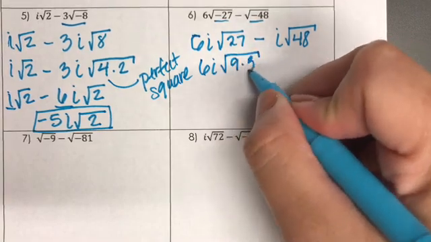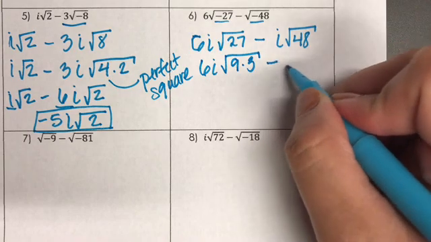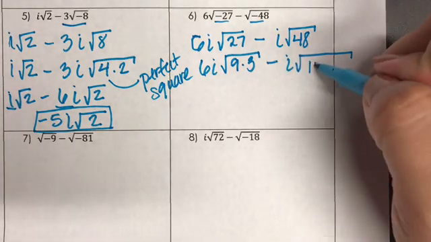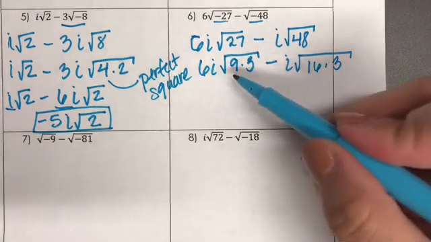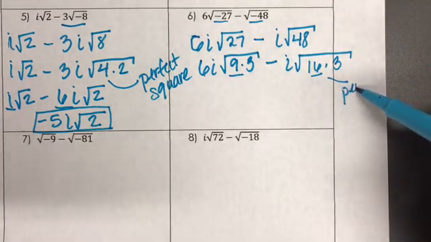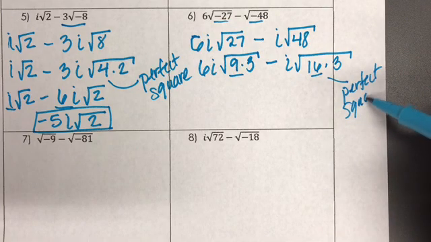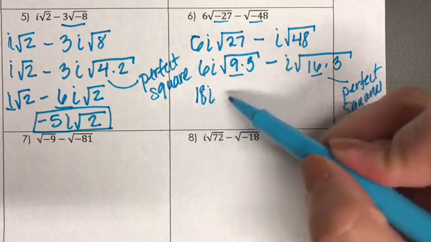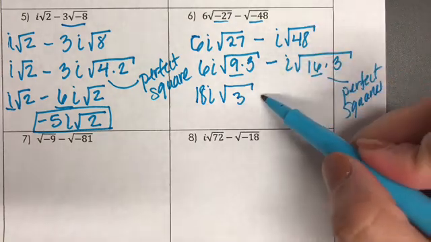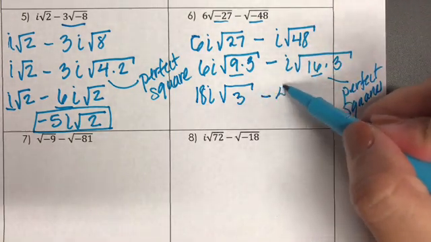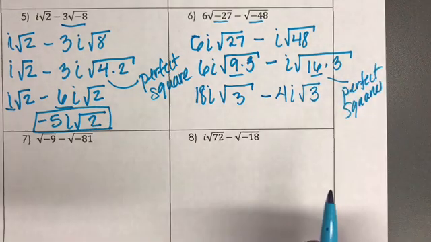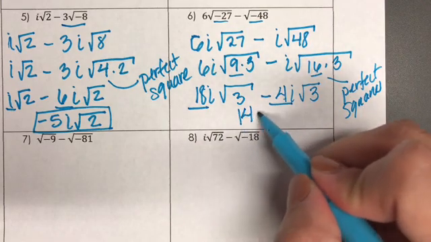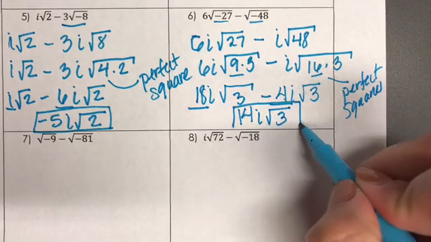Times 9 times 3 underneath, and 48 breaks down to square root of 3, square root of 3, times i square root of 3.